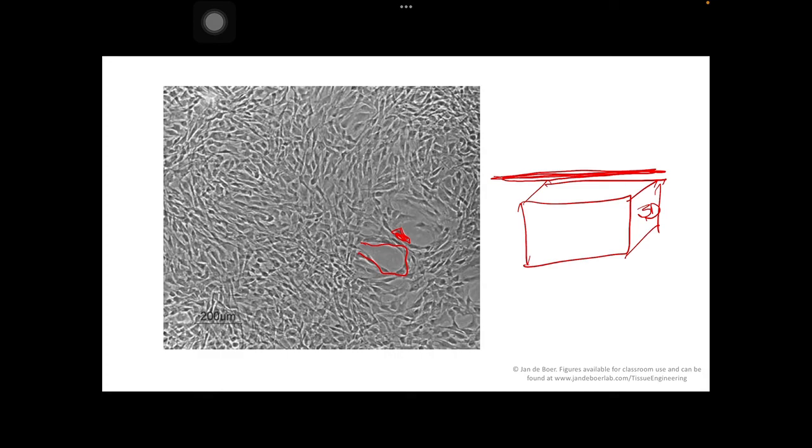There are many different cell sources to regenerate cartilage. You have the autologous cells that we already talked about. You have mesenchymal stem cells that you can differentiate into cartilage. You have the induced pluripotent stem cells.